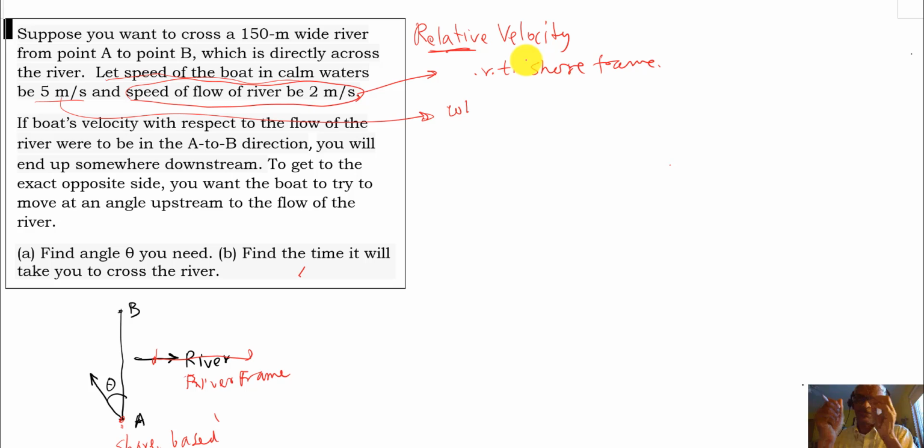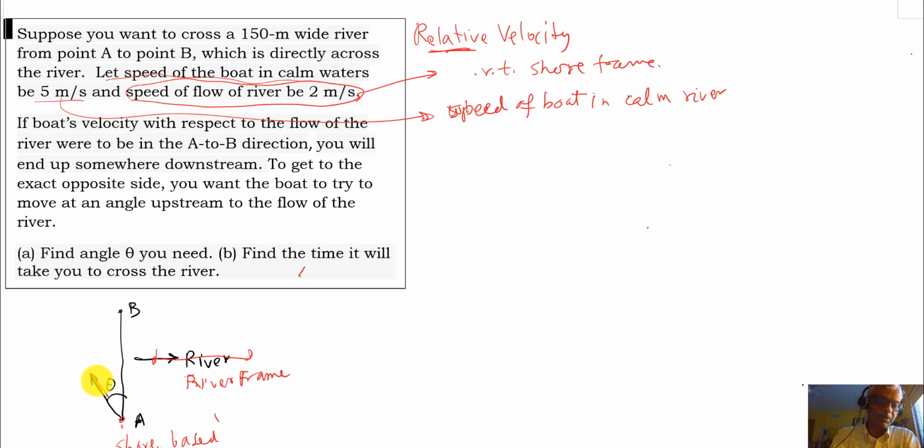If the river is moving and you point the boat in some other direction, it's going to move in that direction with that speed. So this is the speed of the boat itself, the speed of the boat in calm river.